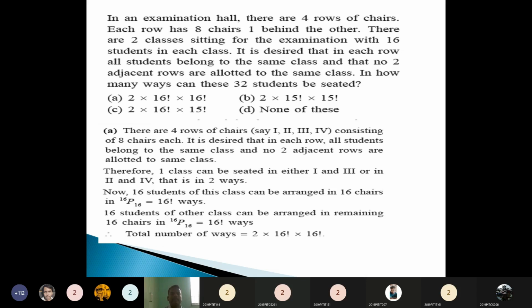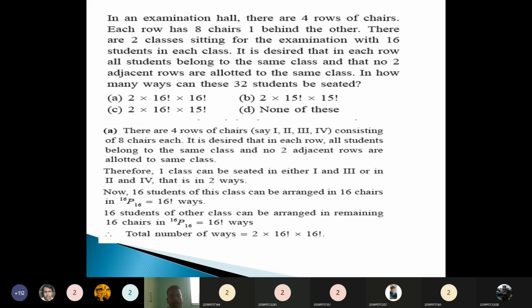Next, one class can be seated in rows 1 and 3 or in 2 and 4. That is in 2 ways. Now 16 students of this class can be arranged in 16 chairs. Say rows 1 and 3 are for class A. So total 16 chairs are there, and you can allocate in 16 factorial ways.